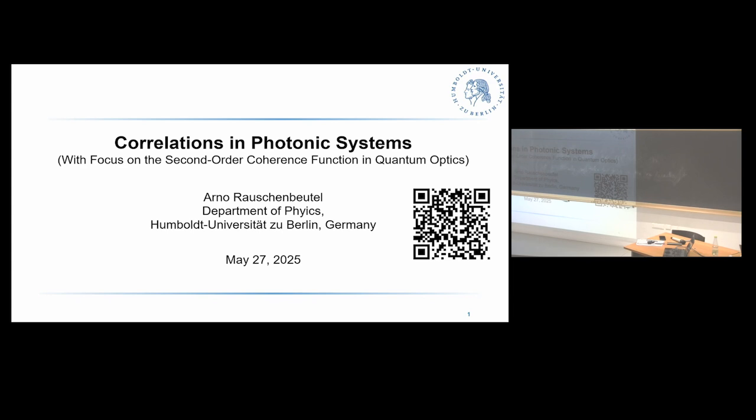Now, in order to evaluate the ratio here, we can imagine that we have a series of n measurements of this intensity, and then there are two ways of calculating this mean, either the mean of the square or the square of the mean. If we take the mean of the intensity, then it would just be the sum of our measurement results for our n measurements, and we divide this by the number of measurements.